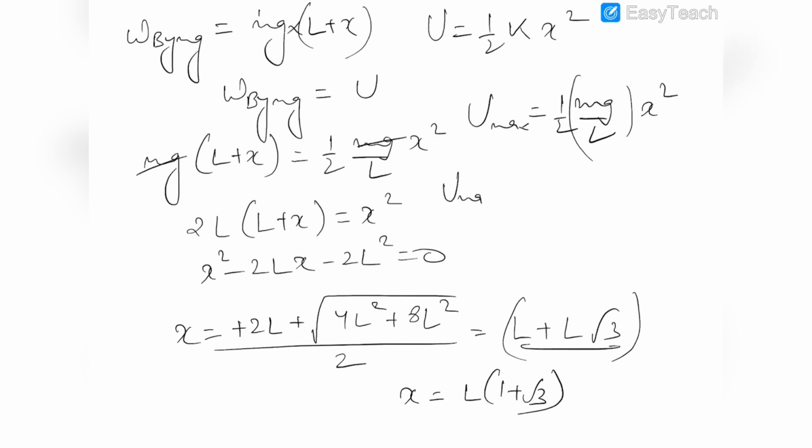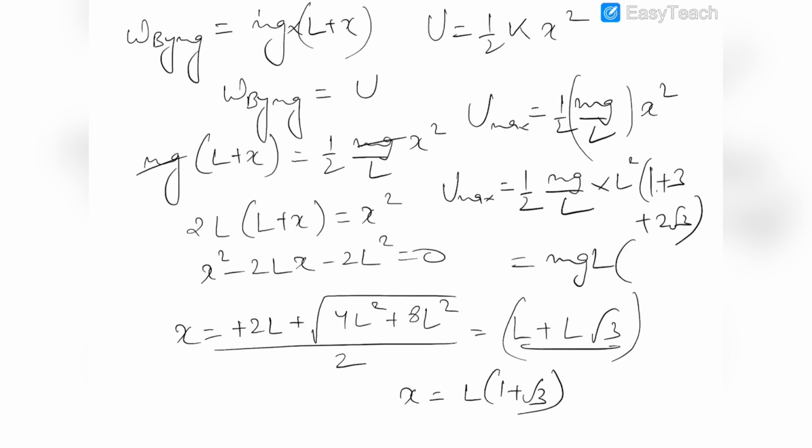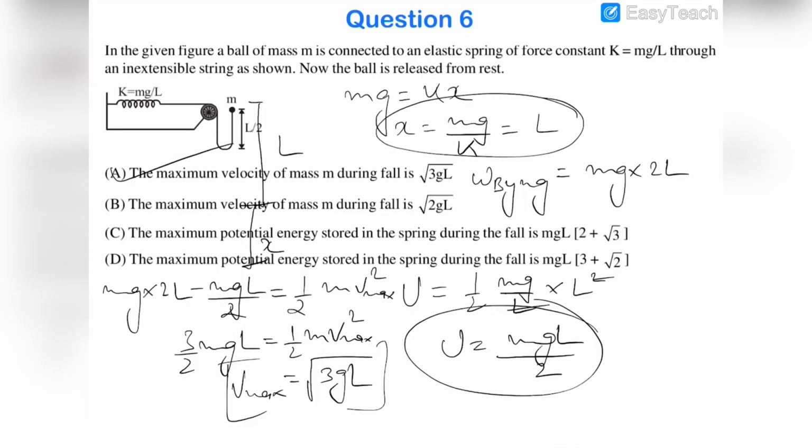So U max will be equal to half mg by L into L square into 1 plus 3 plus 2 root 3. So this is mgL into 2 plus root 3. So the correct answer would be C. So the correct answers of this question are A and C.